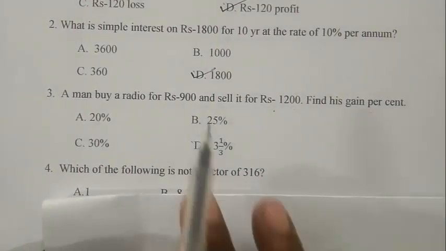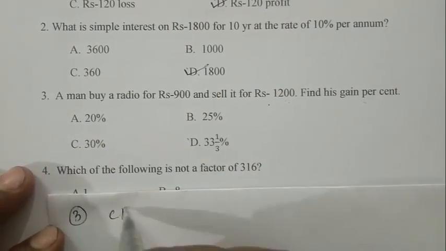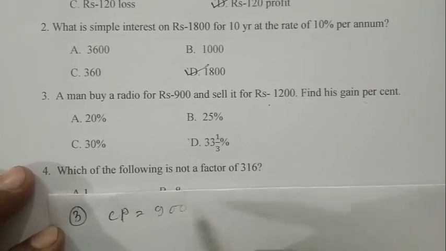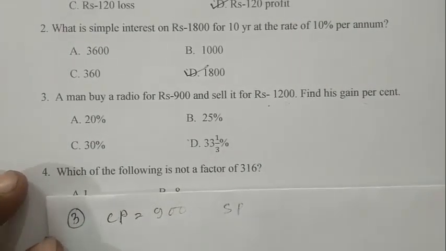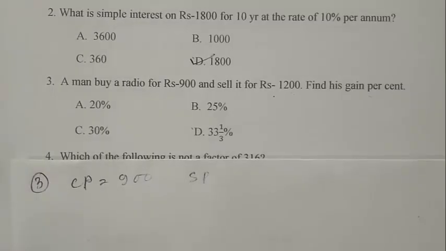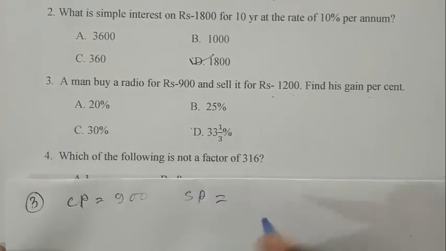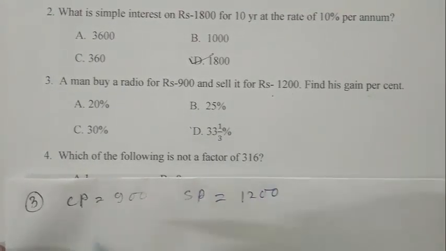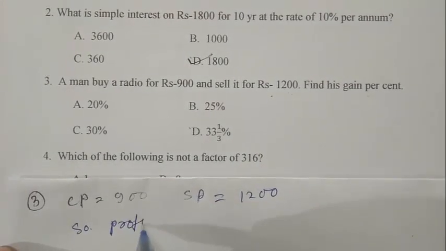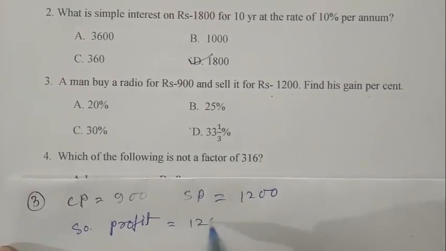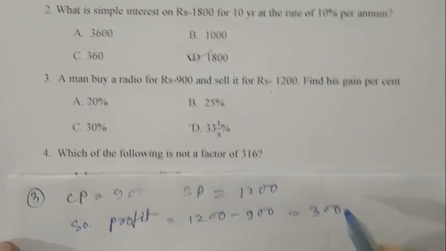So CP, that is 900, SP, that is 1200. So profit is 1200 minus 900, that is 300.